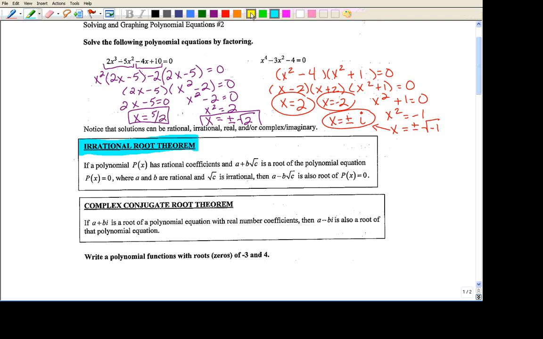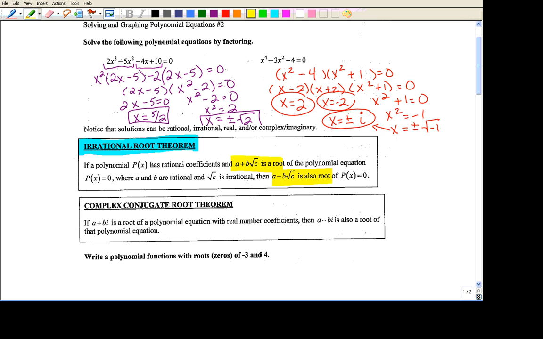Okay, so the irrational root theorem states if a polynomial p of x has rational coefficients, and a plus b times the square root of c is a root of the polynomial equation, p of x equals 0, where a and b are rational and the square root of c is irrational, then a minus b times the square root of c is also a root.